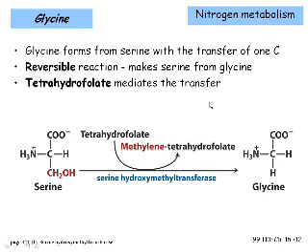Glycine does a couple of things. One of the ways that we can make glycine is from serine, using serine hydroxymethyltransferase. But more importantly, tetrahydrofolate. Tetrahydrofolate is another cofactor that plays a very important role in a lot of different reactions that involve moving one carbon around. So if you've seen folic acid, for instance, folic acid is the vitamin precursor to tetrahydrofolate.